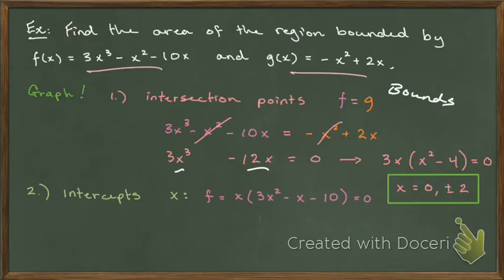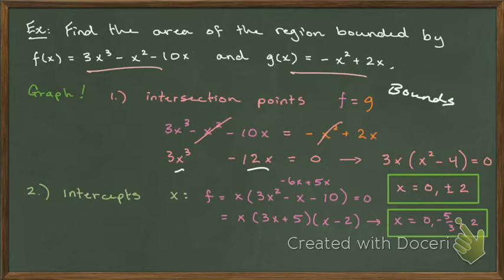If I break apart that minus x in the middle into a minus 6x plus 5x, I'm able to use some grouping to determine that that quadratic factors to 3x plus 5 times x minus 2. That should give me my whole function f there. When I set that equal to 0, I get 3 x-intercepts: 0, negative 5/3, and 2. Those are going to show up as when f crosses the x-axis.